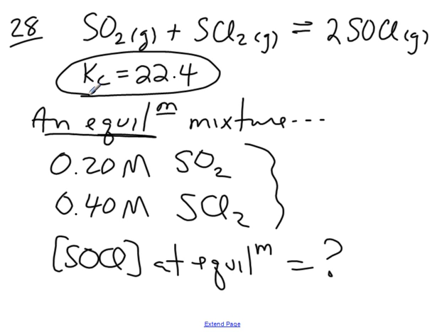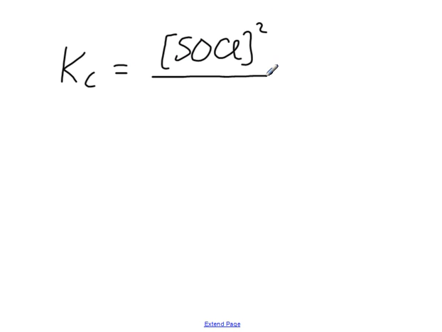So what we're basically going to do here is, before we rearrange, write down the Kc expression. So Kc equals the concentration of SOCl2 squared divided by the SO2 concentration times the SCl2 concentration, right?